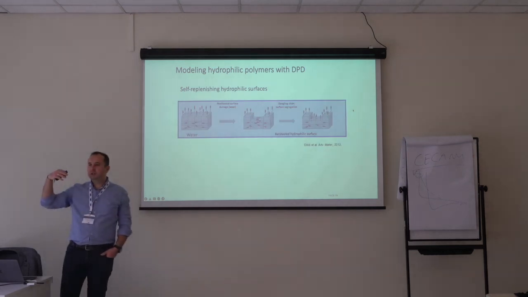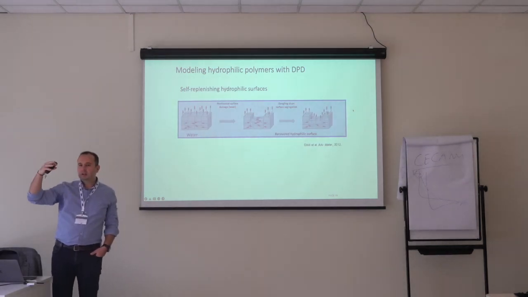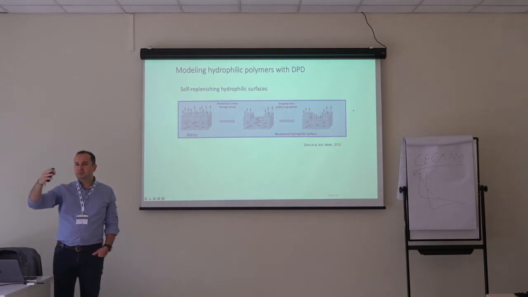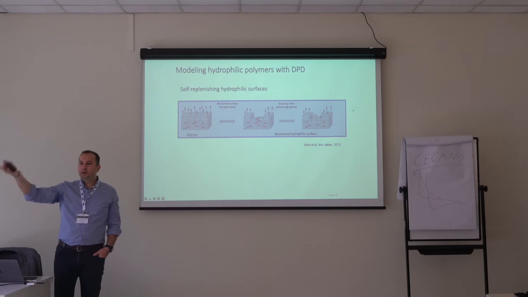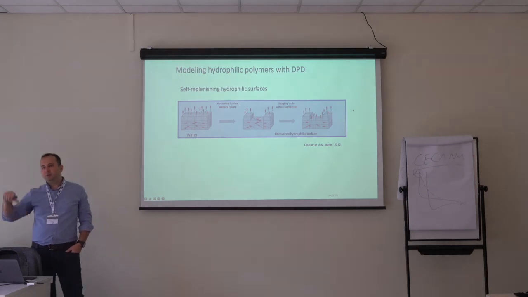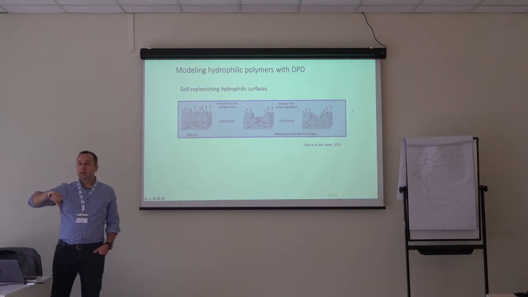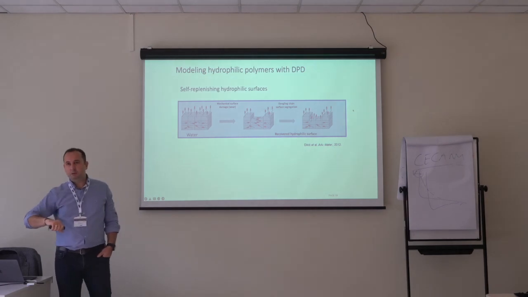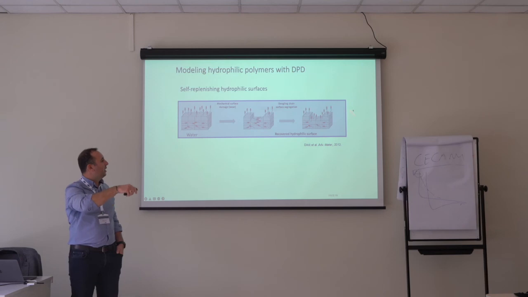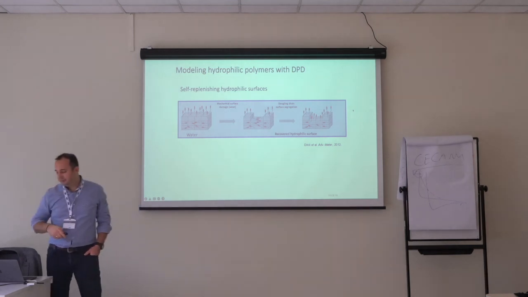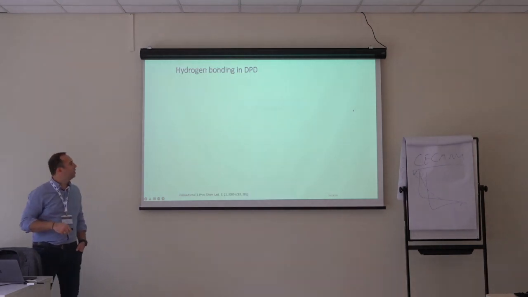That means you need to explicitly treat the DPD modeling of interactions between the polymer monomers and water. So there you need to properly model the physical properties of those systems, plus make it applicable to a more general field. Okay, I can skip this one.